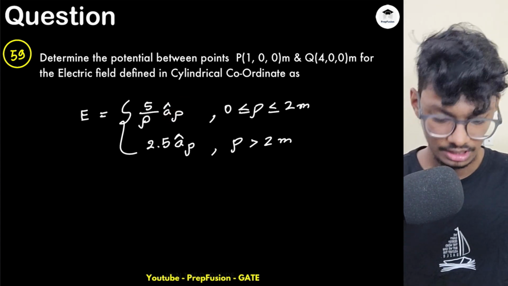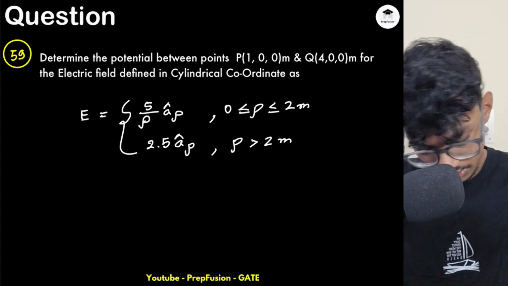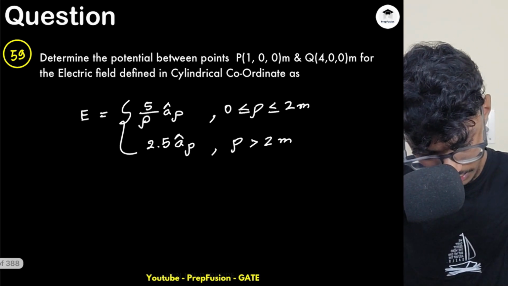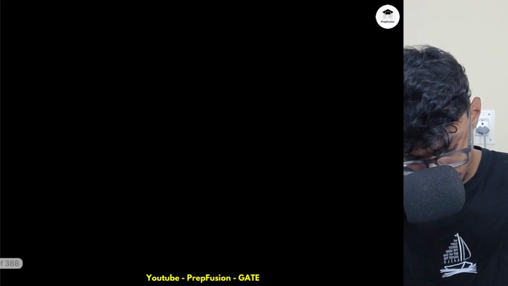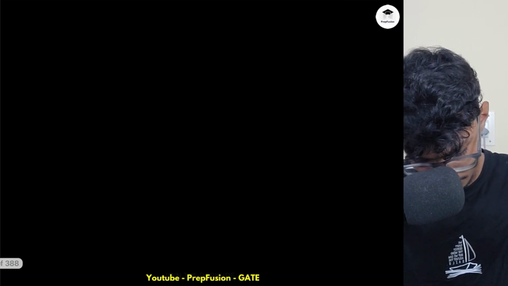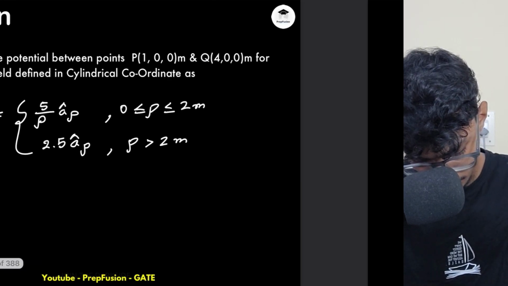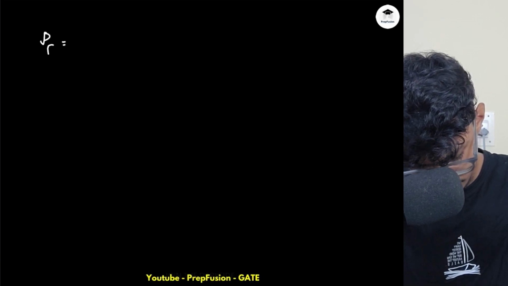You will simply convert these points. So here what you can do is: what is rho P?